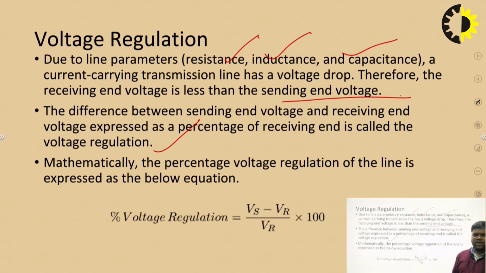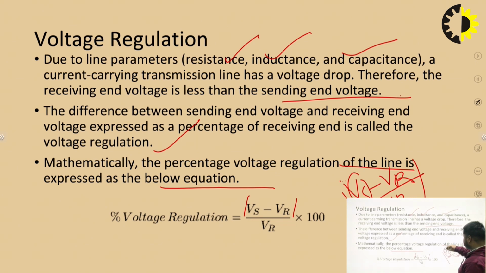Mathematically, the percentage voltage regulation of the line is expressed as the equation: voltage regulation = |Vs - Vr| / Vr x 100. In this, Vs is higher and the receiving end voltage Vr is low as compared to the Vs.